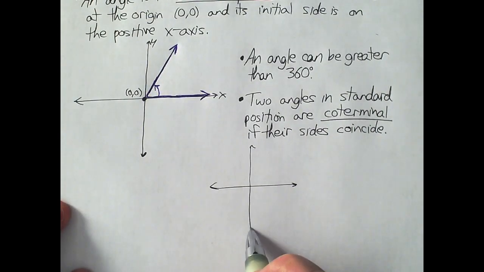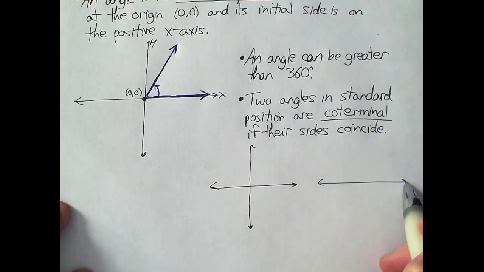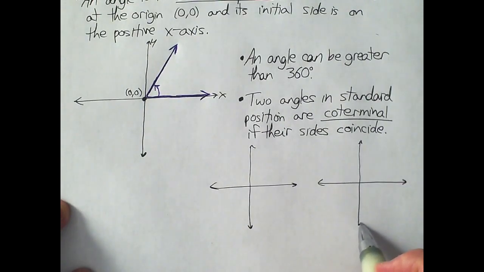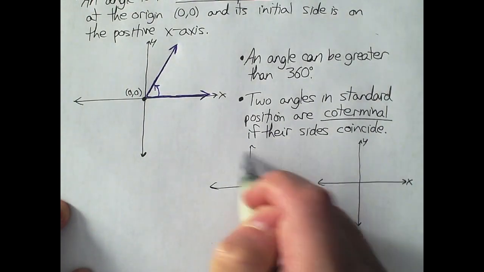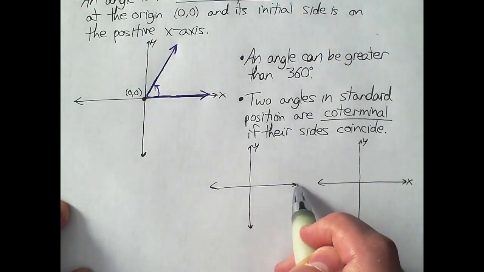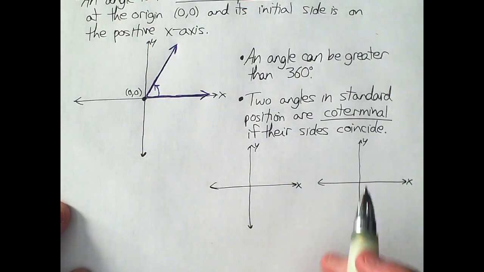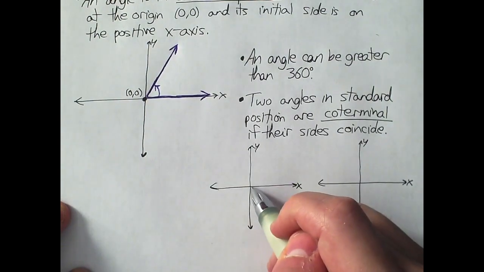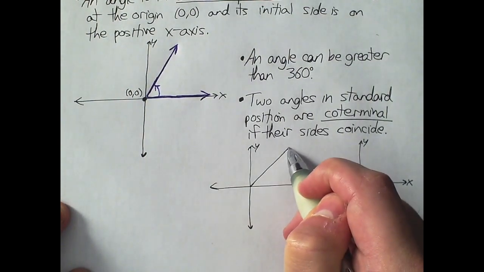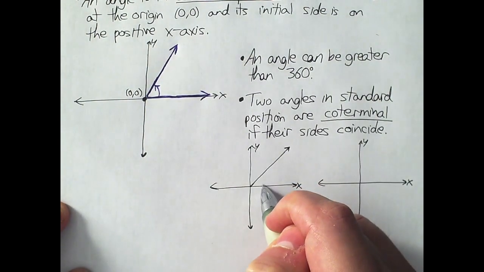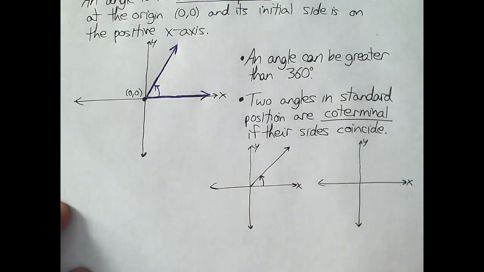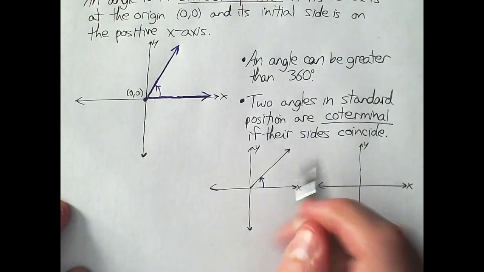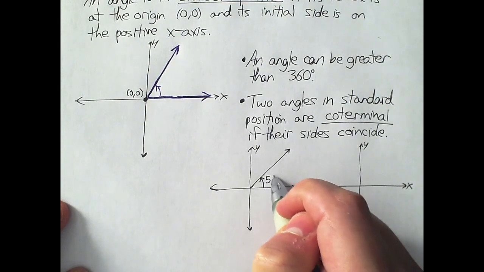I want to draw them in standard position, so we'll have the x-axis, y-axis, and we will make sure that the angle is formed with the origin, 0, 0. So how about this angle right here, which I tried to draw a little bit bigger than 45 degrees. Let's say this is 50 degrees.